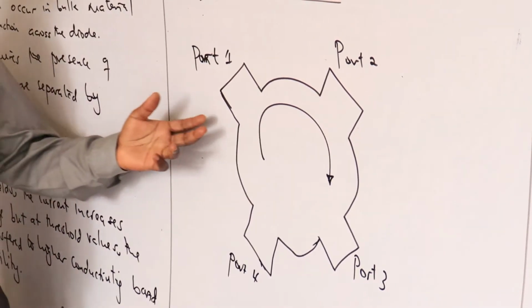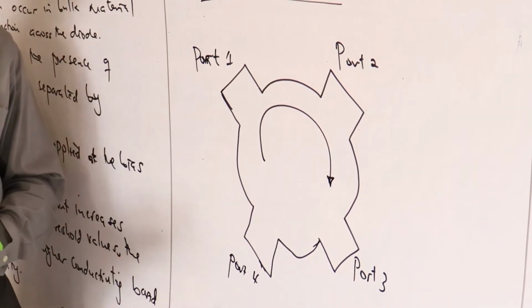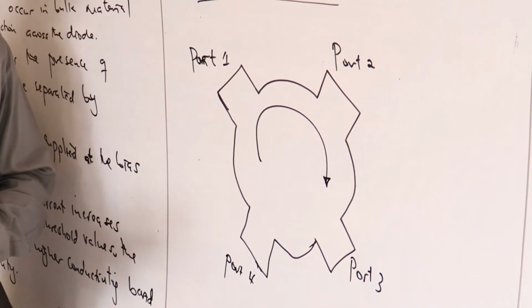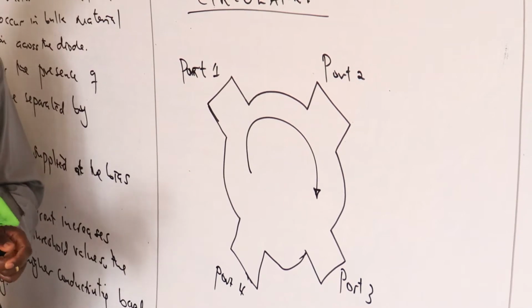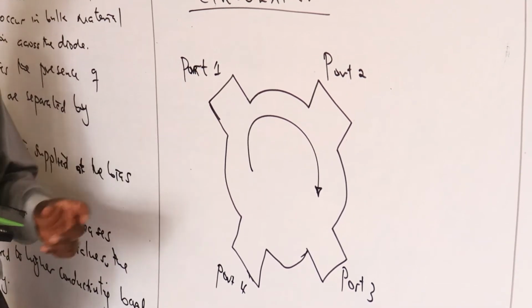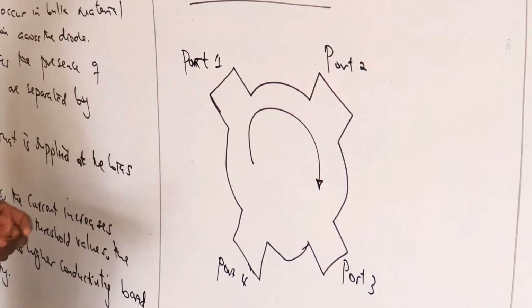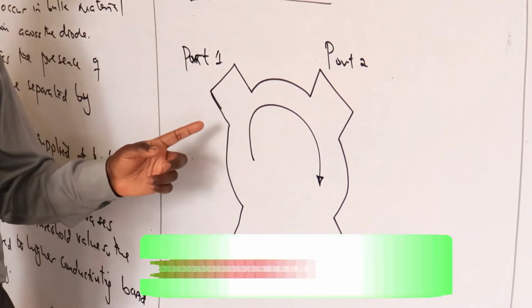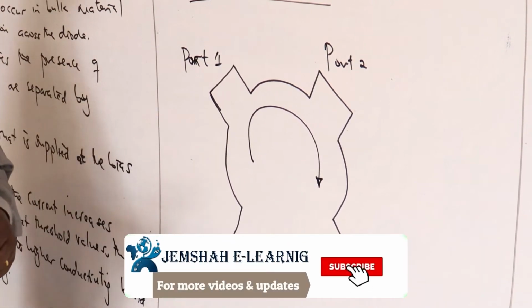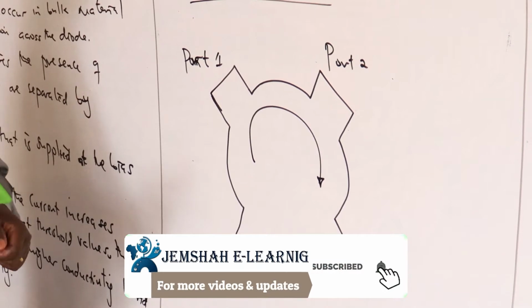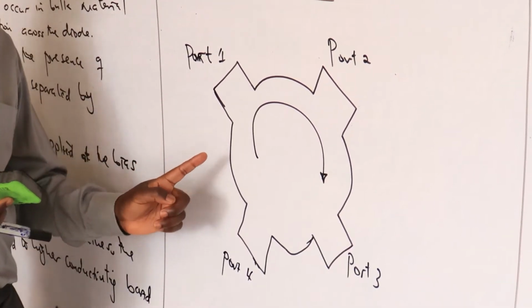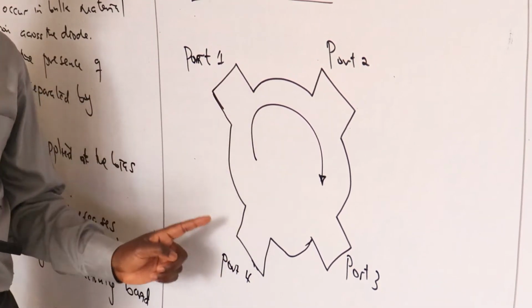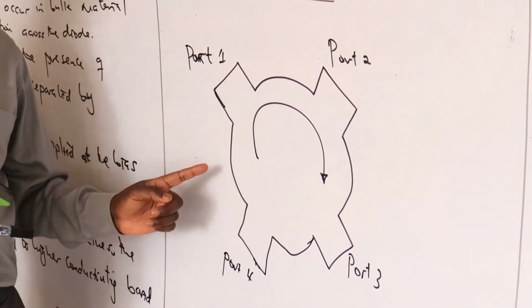One of the things about the circulator is that when we are connecting the circulator to a device, the coupling is done in such a way that if the equipment is tuned to terminate at port 1, the signal frequency will go through the ports to where it is coupled.